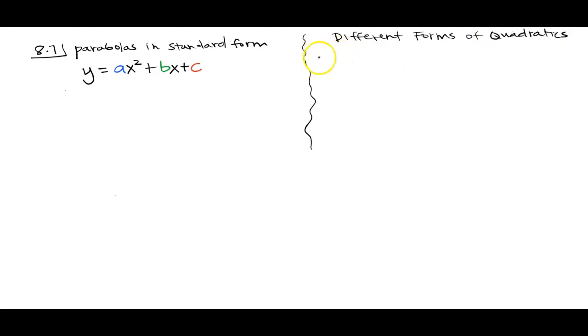We talked about the vertex form on the last one. When you have something in vertex form, which is y equals a times (x minus h) squared plus k, then the vertex is easy to find. The vertex is h comma k. So the vertex is easiest to find when it's in this form.